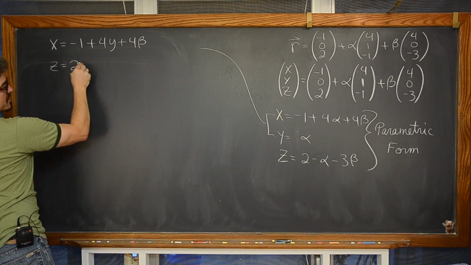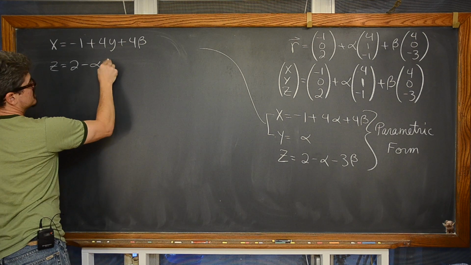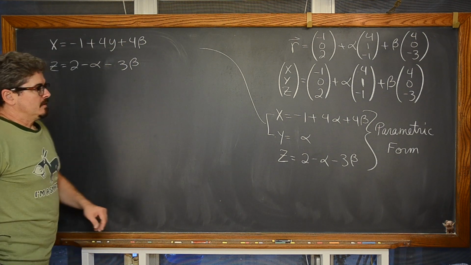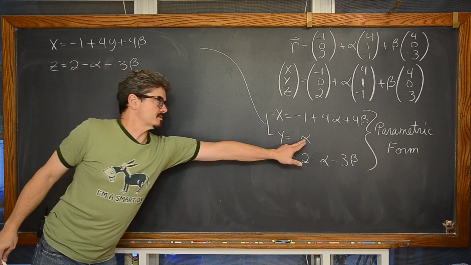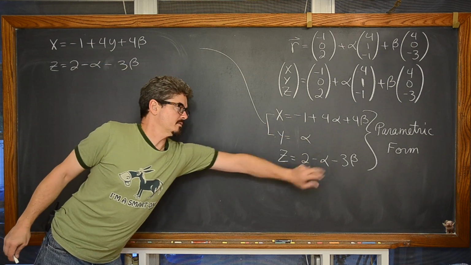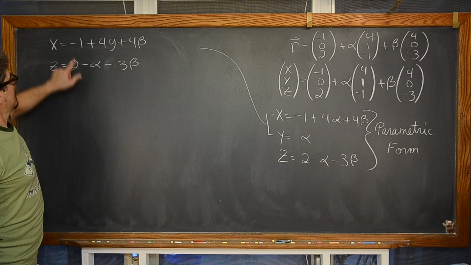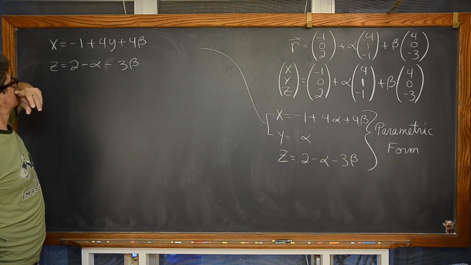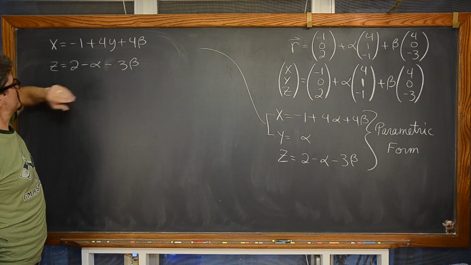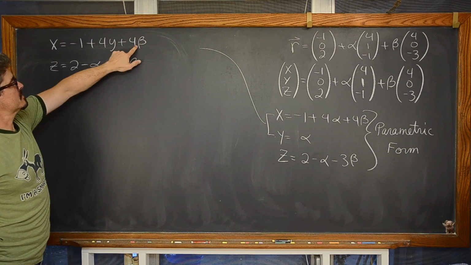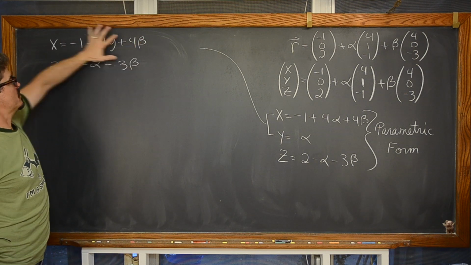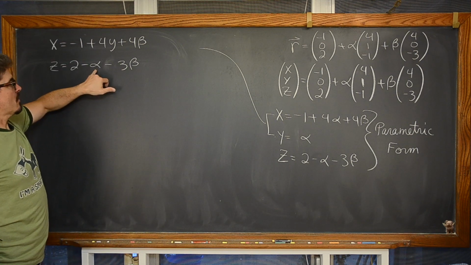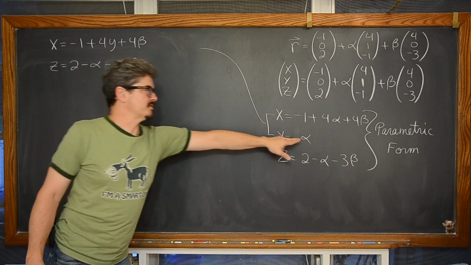I'm going to erase this in a second because it's technically in my way. I'm just writing it for teaching purposes. We're still going to use this a little bit for substitution because, again, alpha is equal to y. We're going to do that substitution down here as well. We could write this as beta equals a lot of stuff and then plug it in to here, and also use the substitution that alpha is equal to y.